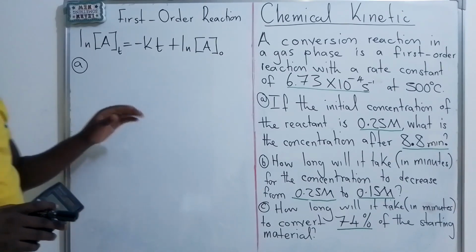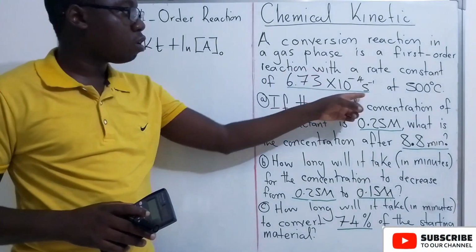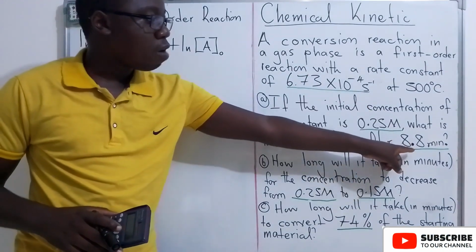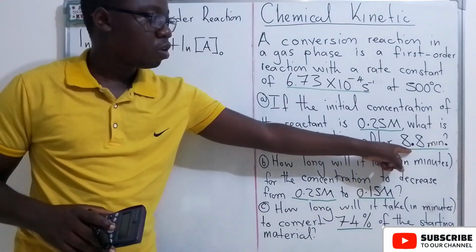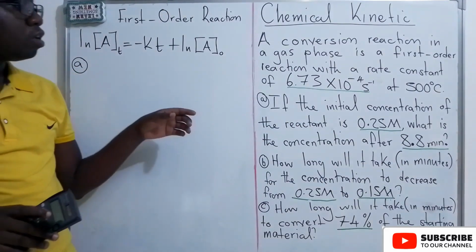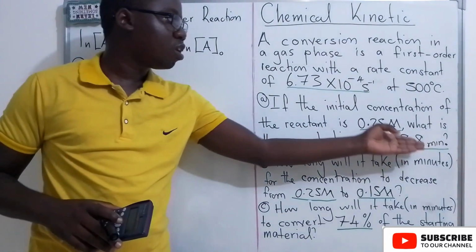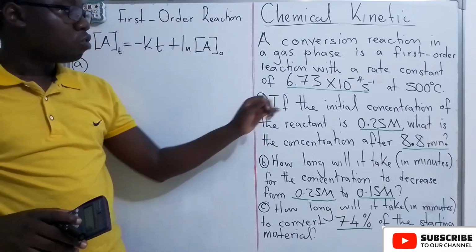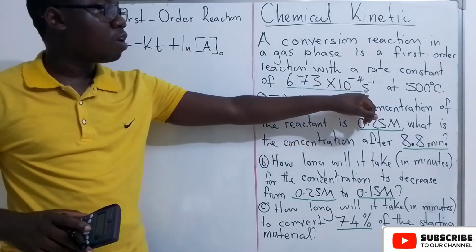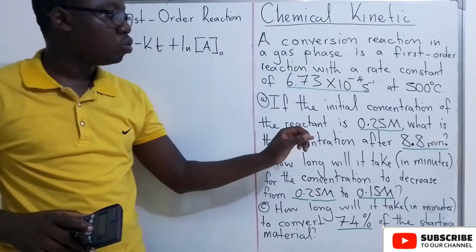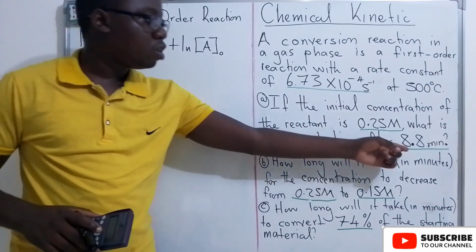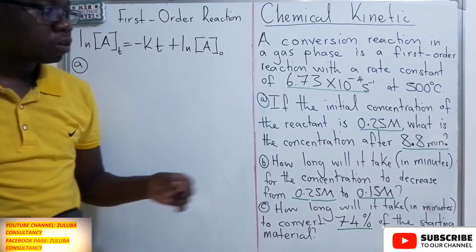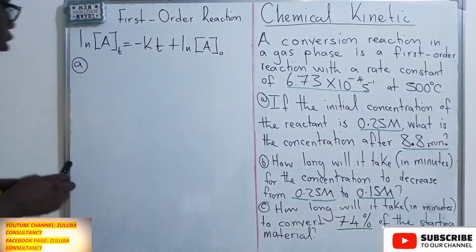Now, when you look at the rate constant, the unit is in seconds. The time we have been given is in minutes. So the first thing you do is to convert these minutes into seconds so that the units are the same. You need to look at the units of the rate constant, then it will guide you to see whether you need to convert the time or not. In this case, we need to convert the time.